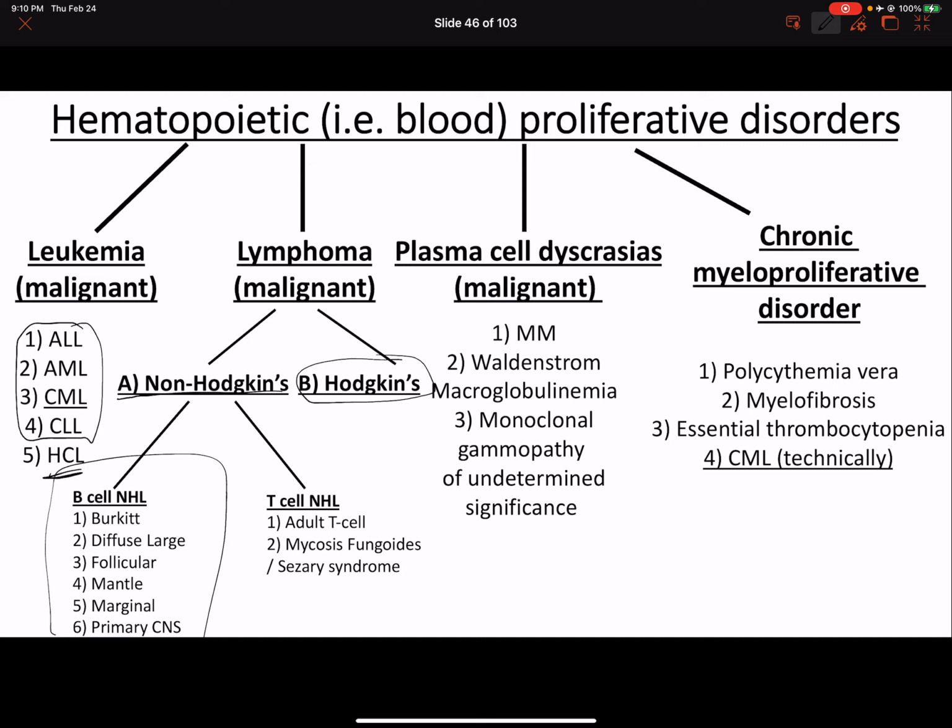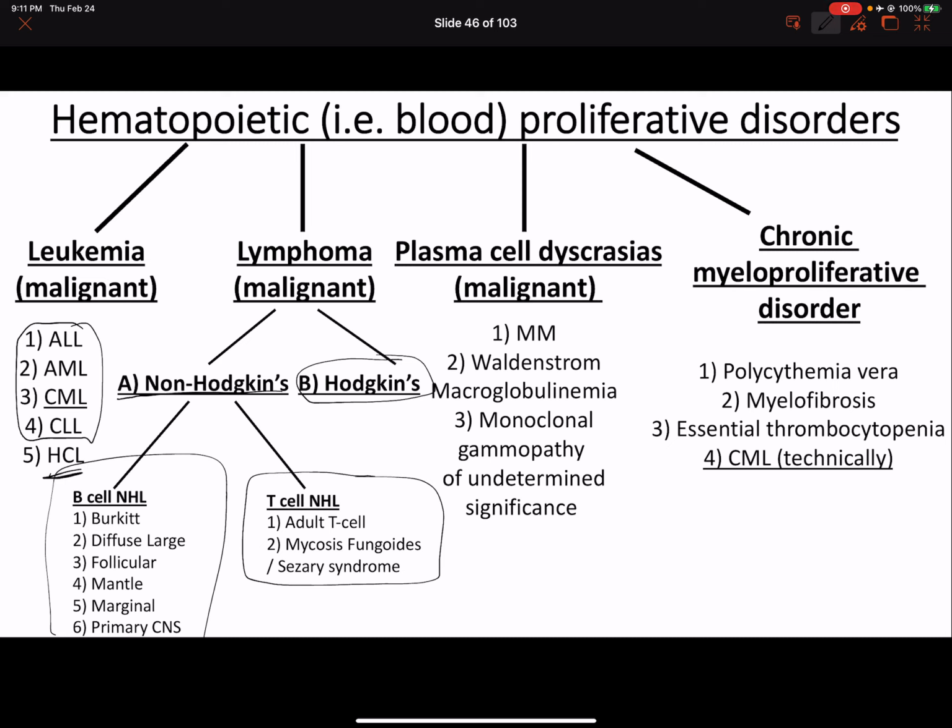We can break it into B cell non-Hodgkin lymphoma: Burkitt, diffuse large, follicular, mantle, marginal, primary CNS. And then T cells is less common, but we have adult T cell and mycosis fungoides, which can progress into a type of leukemia known as Sézary syndrome. There's a couple of subtypes of Hodgkin's, but those are less important.